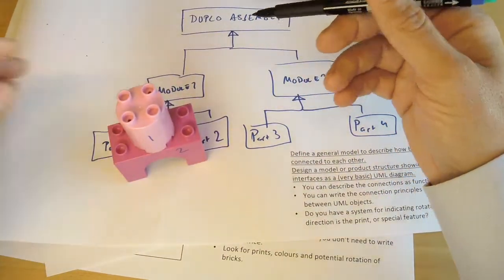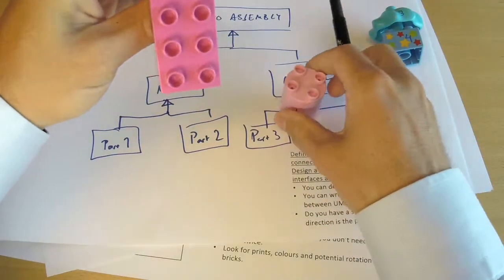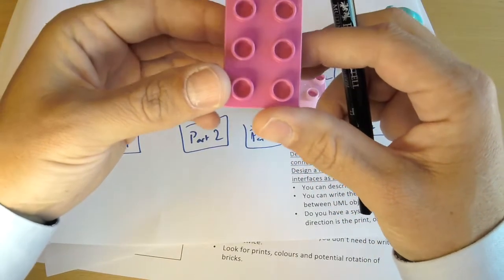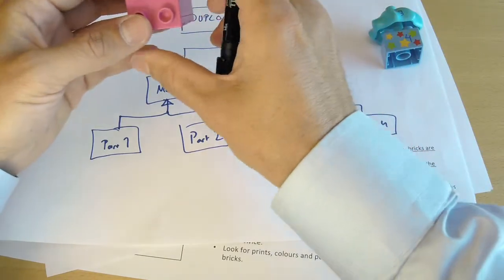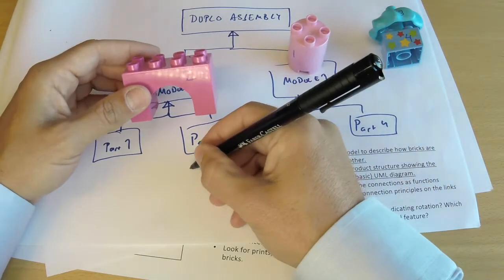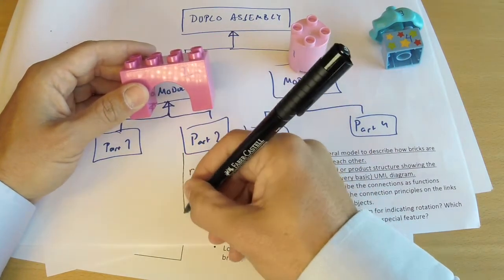Now things become very complicated, but just to mention the principles here, we can see that this one, according to our principle, should be rotated like this. So then we actually have to rotate this 90 degrees to get there. So then we add rotation 90 degrees to this one.